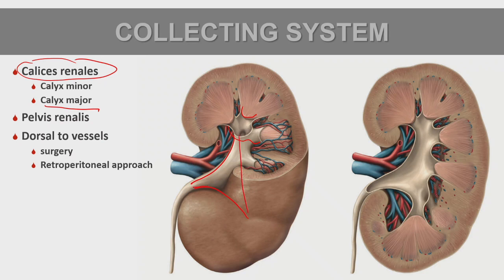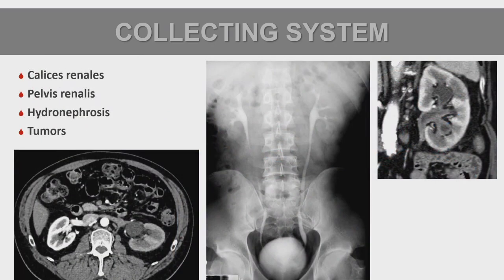It's localized dorsally from the vessels. So this is the point of view from dorsal. And then this pelvis is localized dorsally from vessels, so surgeons have to use a dorsal approach.